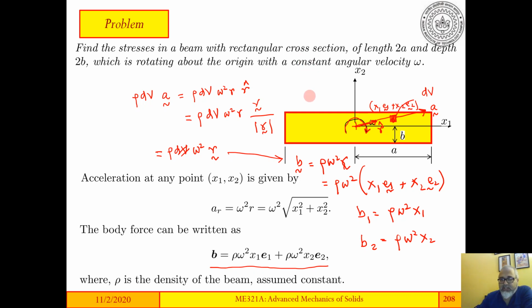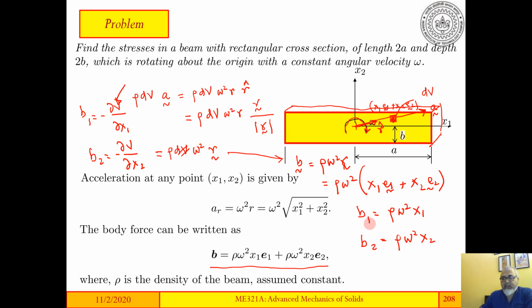So we will assume that the thickness of this beam in the x3 direction is small. So this thickness is small, it's just rotating, plane stress conditions apply, and we will use the equation b1 equal to minus del V del x1 and b2 equal to minus del V del x2 in order to now find out this scalar potential V.